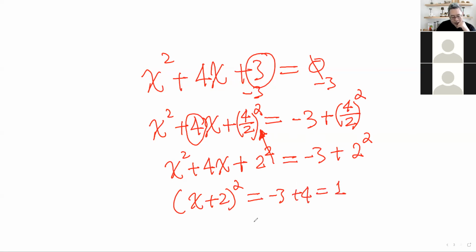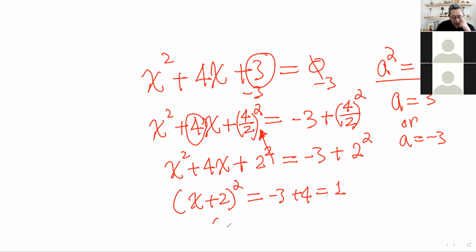Then we take the square root on both sides. This comes down to this case: if we have a number a squared equal to another number, say 9, then a could be plus 3 or minus 3. So we have two scenarios if a squared equals 9. Which one is it? We don't know yet. We just keep both.